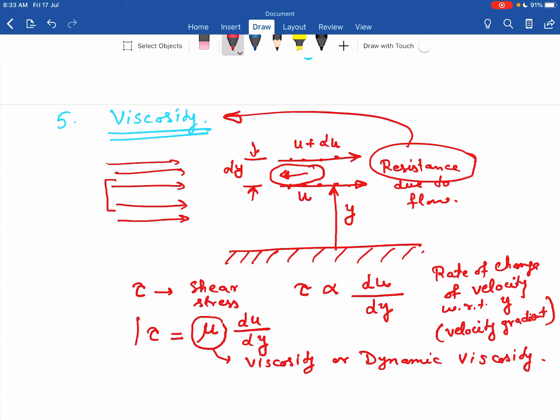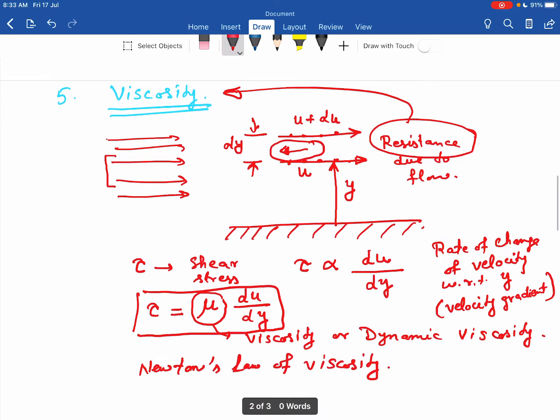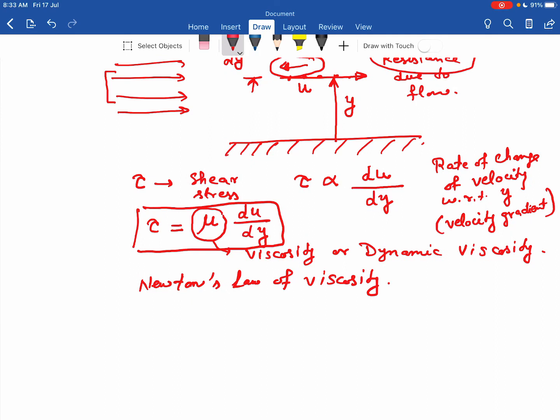And this equation is known as Newton's law of viscosity. As we earlier studied, the fluids which obey Newton's law of viscosity, we call Newtonian fluids. Now next we try to define the term mu, the viscosity.